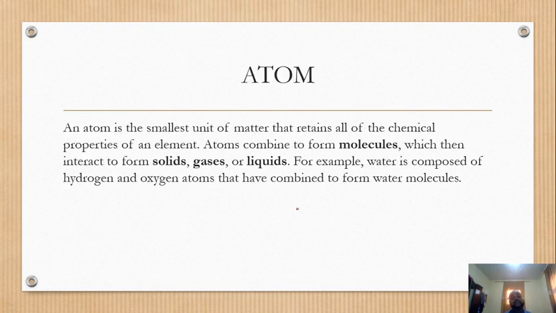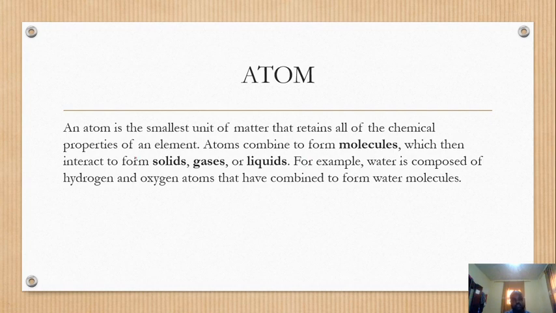Atom. An atom is the smallest unit of matter that retains all of the chemical properties of an element. Right? Atoms combine to form molecules which then interact to form solids, gases, or liquids. Any solid or liquid or gas we have around us is made up of molecules, and the molecules are made up of atoms.